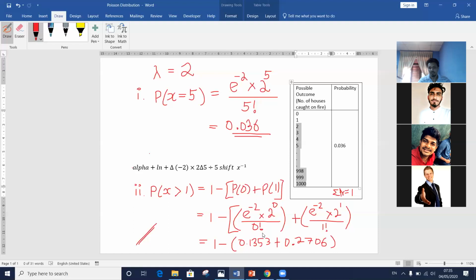So from the total of those two, we need to deduct from 1. The answer is 0.5941. Is this the final answer? 0.5941. Okay, is this the final answer?